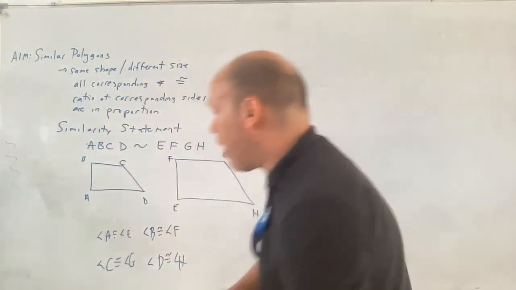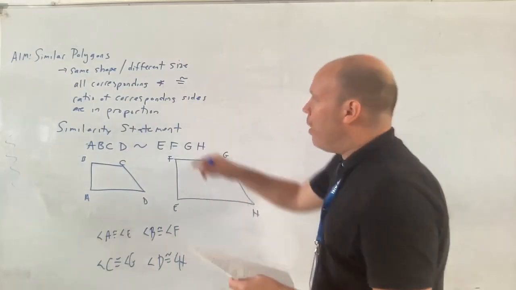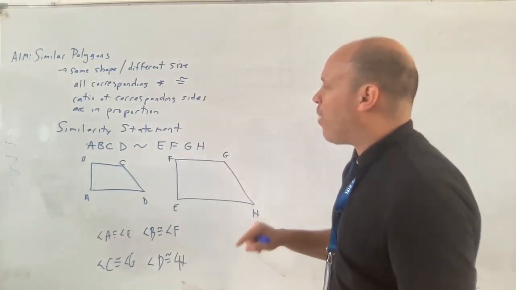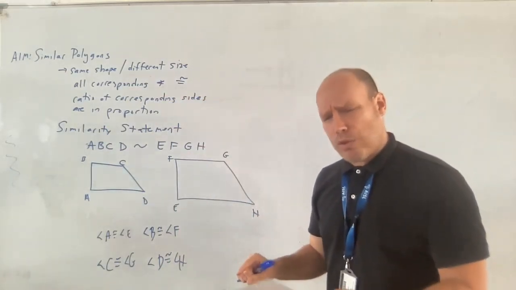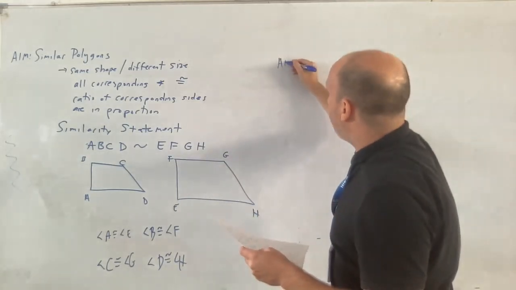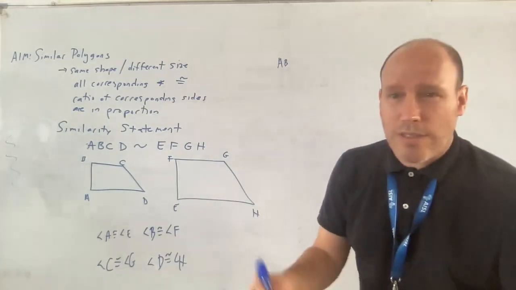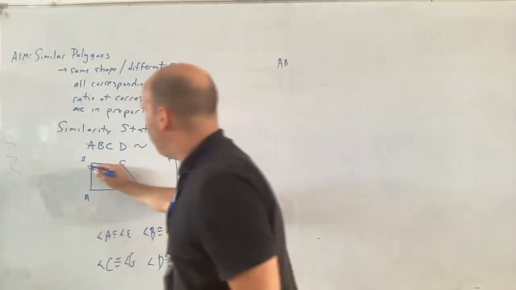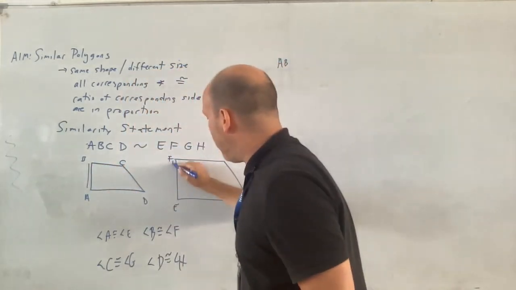This is where similarity comes in. The idea is that the ratio of corresponding sides are in proportion. Let me use colors. AB corresponds with EF.